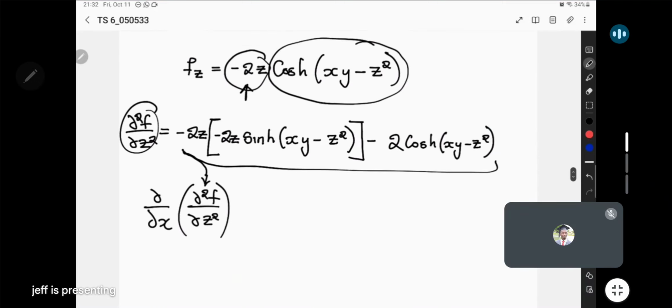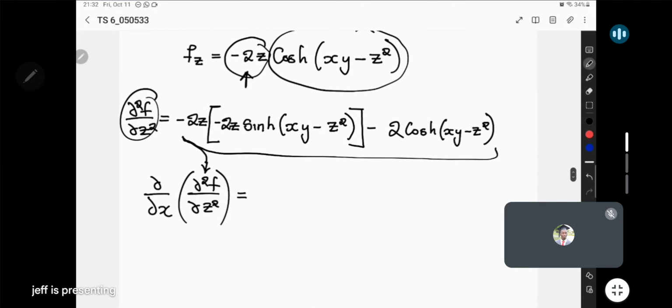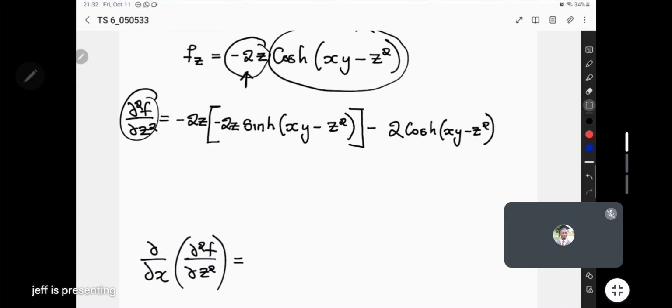So with respect to x, what is happening? All the other variables will now be constants. Perhaps let me distribute the z in the previous step. This will be negative and negative will be positive here, so I'll have 4z squared.